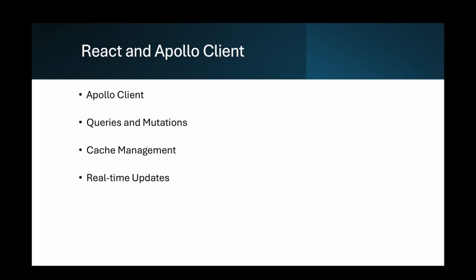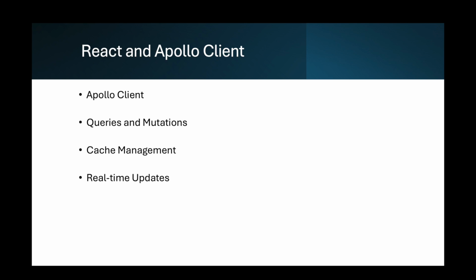For Apollo Client, you can use Apollo Client, a fully featured GraphQL client, to integrate GraphQL APIs with React applications seamlessly. For queries and mutations, you can utilize Apollo Client's query and mutation components to send GraphQL queries and mutations from React components. You can do cache management.